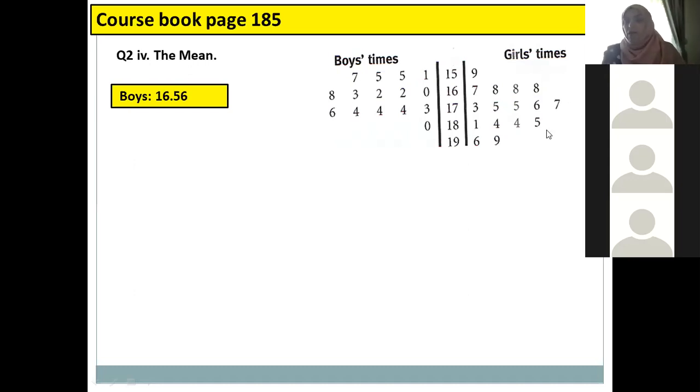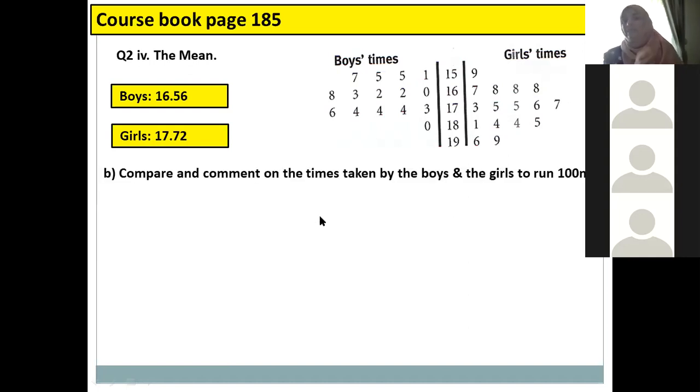The same we will repeat for the girls. We will add 15.9, 16.7, 16.8, 16.8, 16.8, 17.3, 17.5, 17.5, and so on. We will add the 16 values and divide by 16, and the mean for the girls will be 17.72.